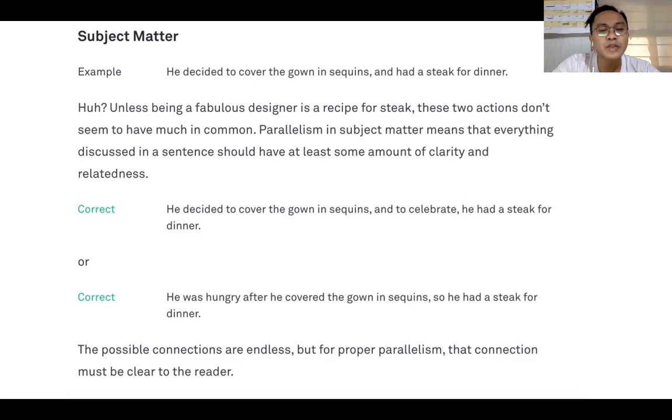Or he was hungry after he covered the gown in sequins, so he had a steak for dinner. So we can see here na kung hindi natin ma-establish yung possible connection dun sa dalawa, pwede kang maglagay ng comma and then you open another verb para mapasok yung isa mo pang subject matter para magkaroon ng connection doon sa reader. So yun lamang yung sa parallelism.